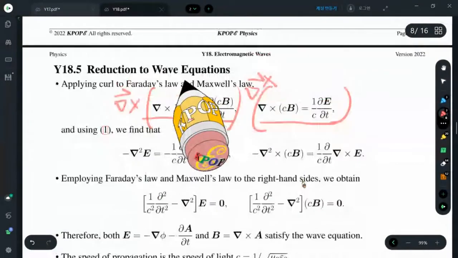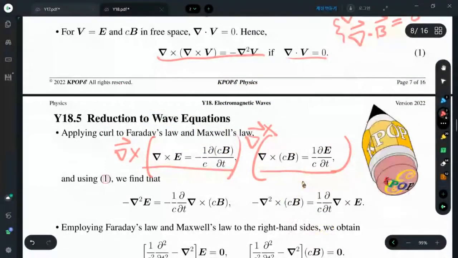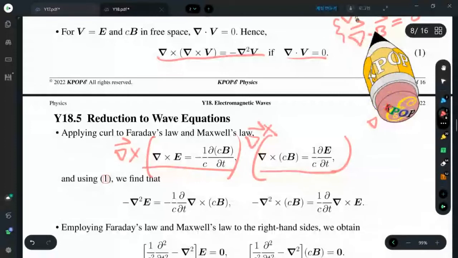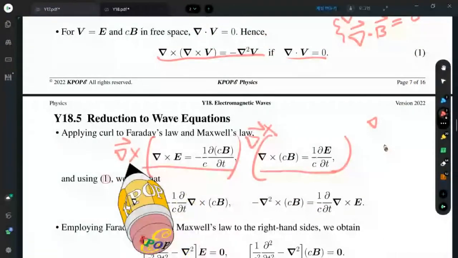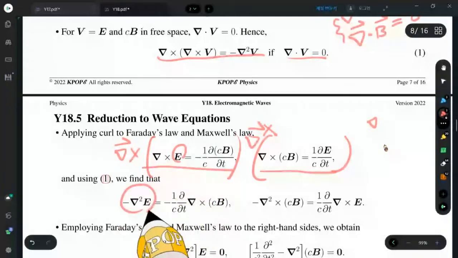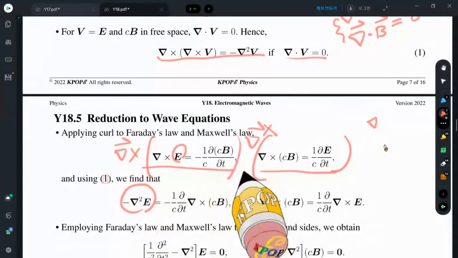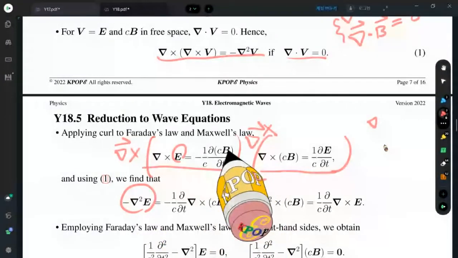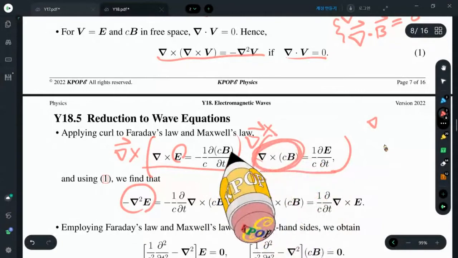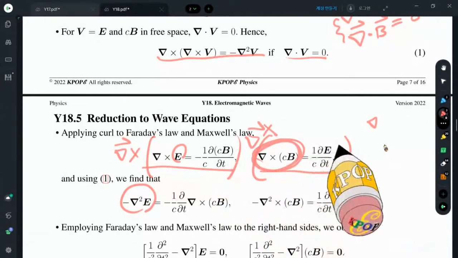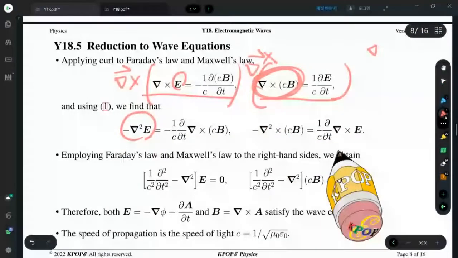And according to this relation, because the divergence of E and divergence of B are both vanishing, we find the curl of the curl of the electric field is minus the Laplacian of the electric field. If you take the curl, we can make use of this side. Then use this, you will find there's a second order derivative with respect to time.